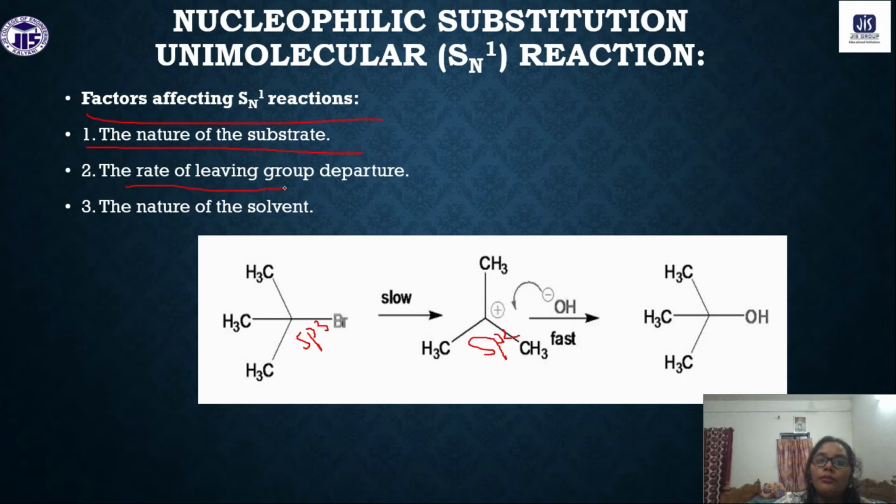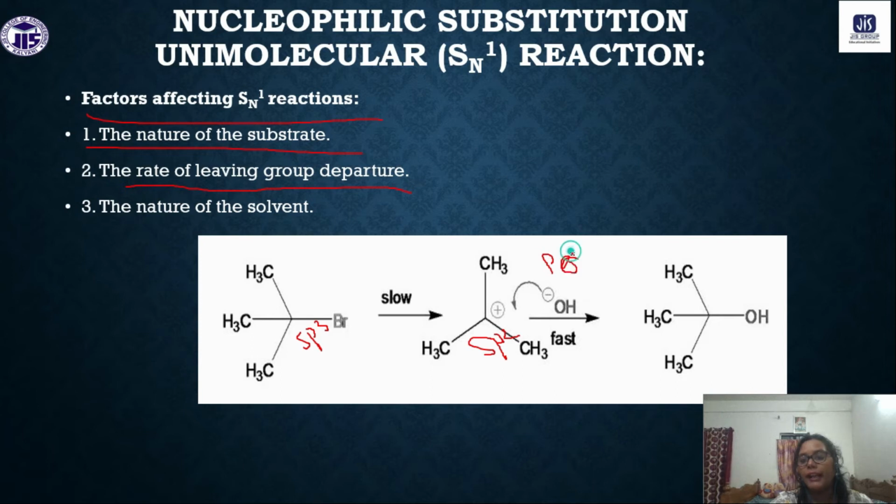Then the rate of leaving group departure. Whatever leaving group we have for the SN1 reaction, the rate always depends on that leaving group and the nature of the solvent. If the solvent is a polar solvent, what will happen?